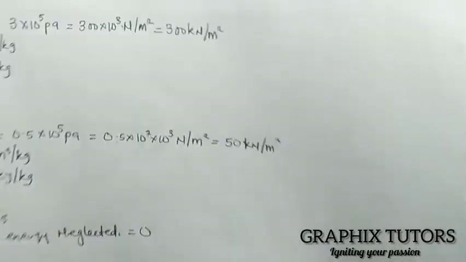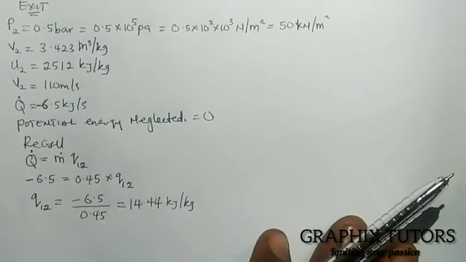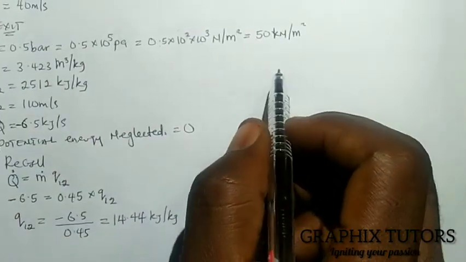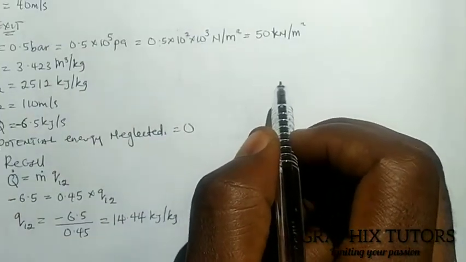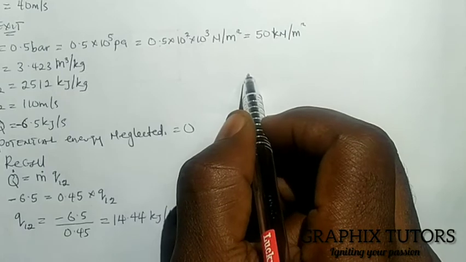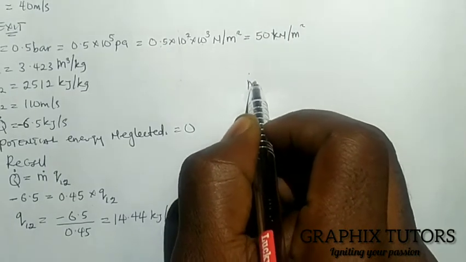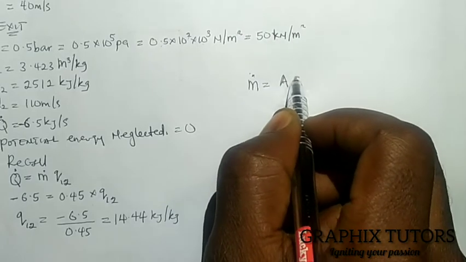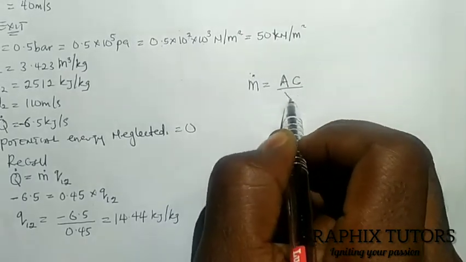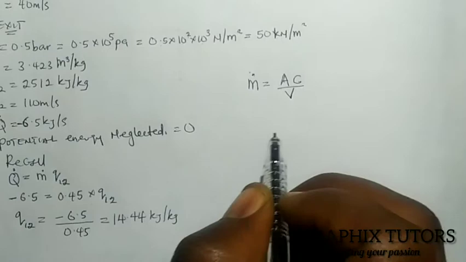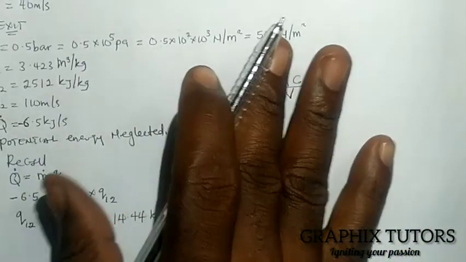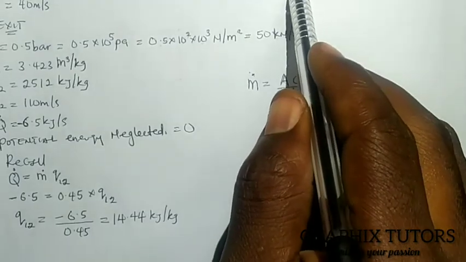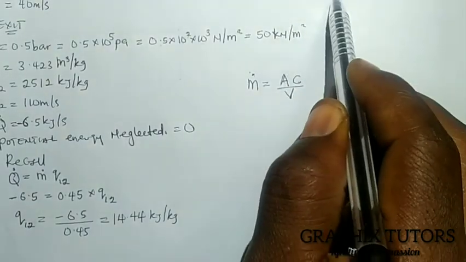In calculating the exit pipe cross-sectional area, the mass flow rate is equal to the area times the velocity over the specific volume. Since the exit is always given the subscript 2, because if I have a turbine, the inlet is 1 and the exit is 2.